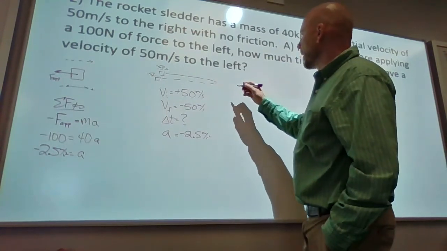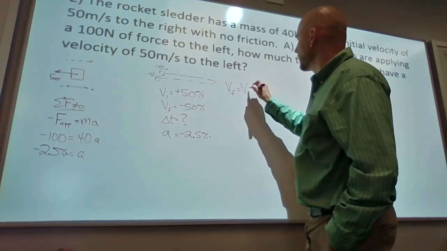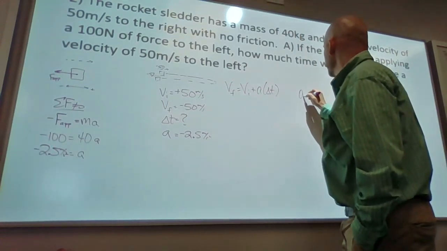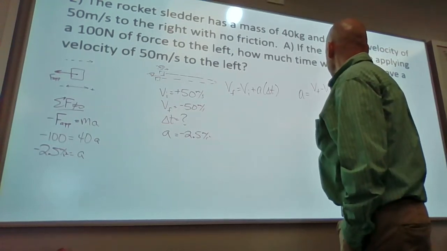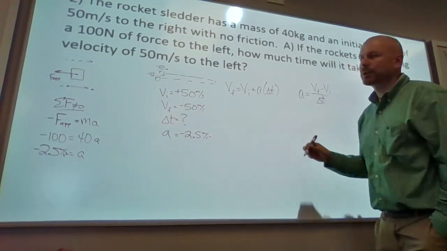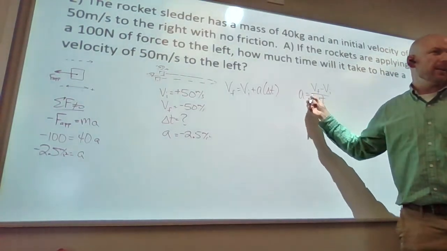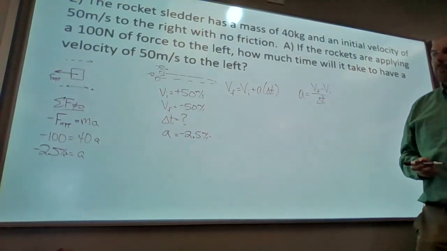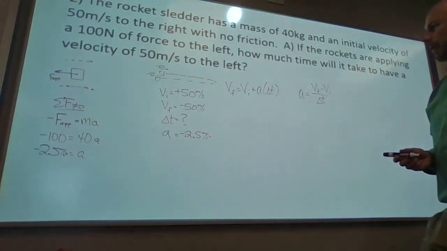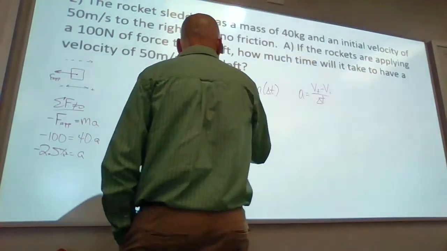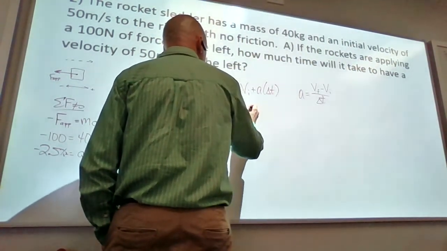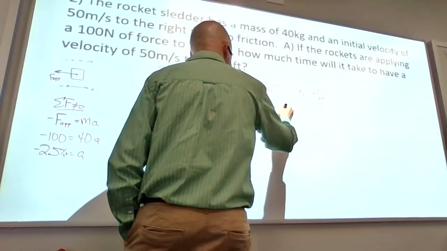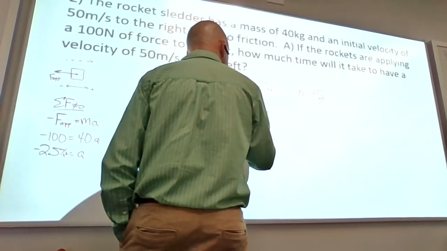So with that information, I can either choose this equation or this equation. Here's a little fun fact for you. These two equations are identical. They're just rearranged. So negative 50 is equal to positive 50 plus negative 10 times delta t.